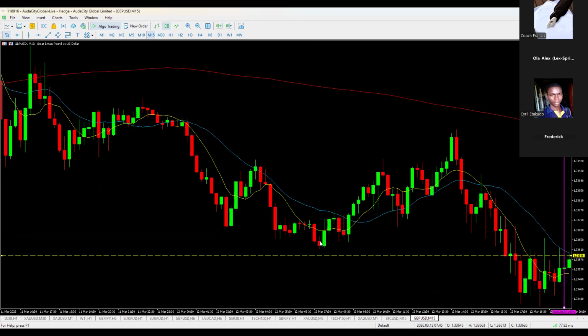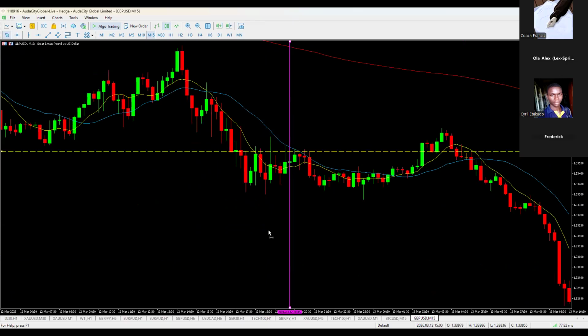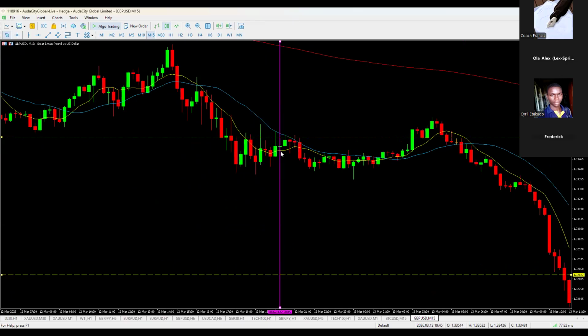So the question is, if there's a strong trend on a higher time frame, like obviously we used a higher time frame, we use one time frame to give us a sense of direction, and we go to a lower time frame to find an entry. So this is the 15. So if we had checked the 2-hour or the 3-hour or the 4-hour time frame and it's a strong bearish trend, guess what?